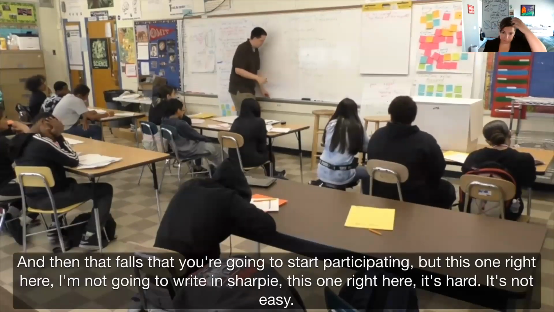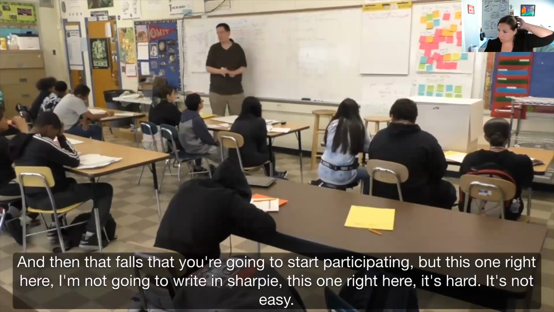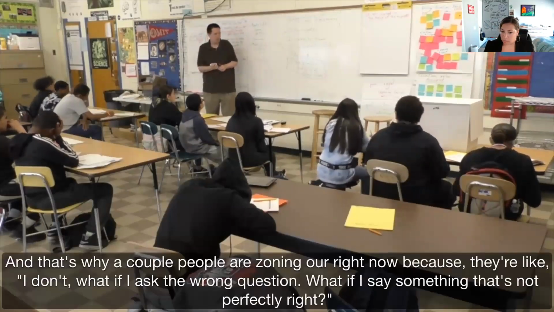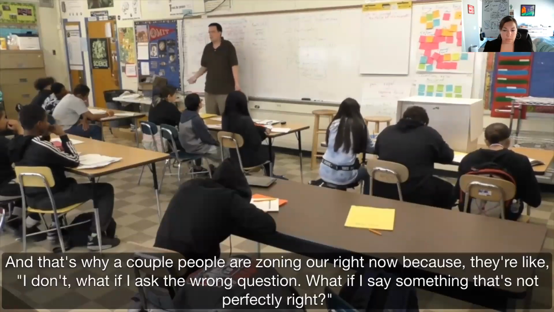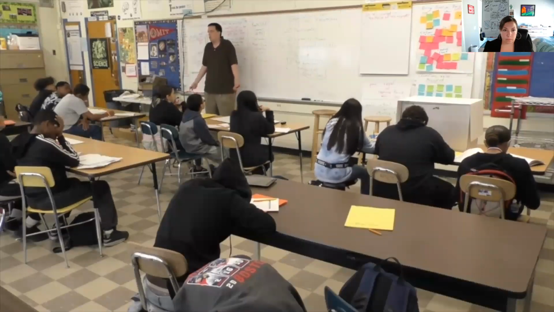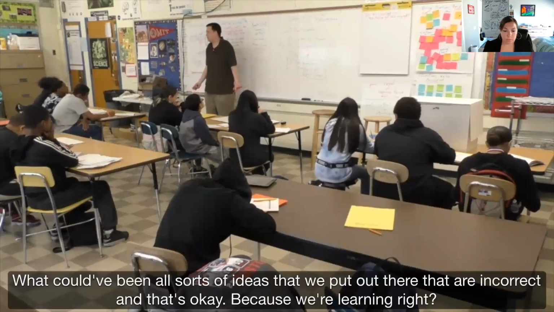But this one right here, I'm not going to write in Sharpie. This one right here, that's hard. It's not easy. And that's why a couple people are zoning out right now, because they're thinking, what if I ask the wrong question? What if I say something that's not perfectly right? But there have been all sorts of ideas that we've put out there that are incorrect, and that's okay, because we're learning, right?